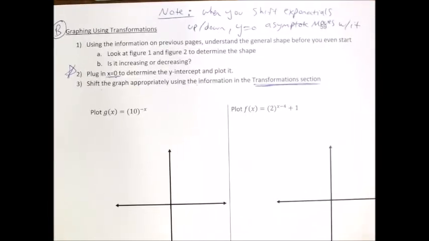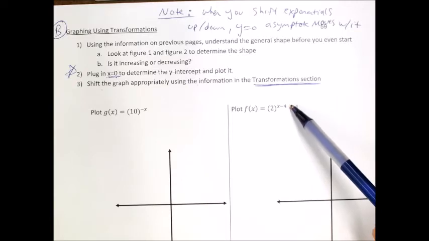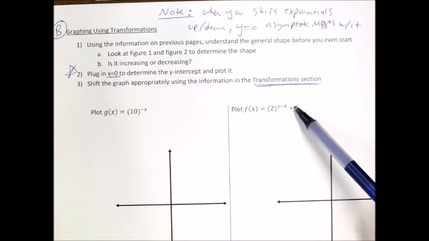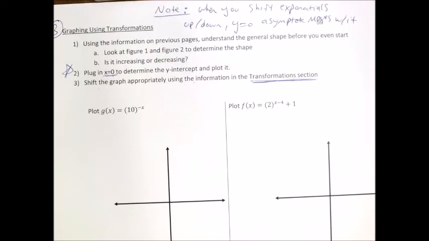Just looking ahead for a second, this second example here with the plus 1 is a vertical shift because we added 1 outside the function. We're going to end up moving the asymptote with this one. I think we probably have time to do 2 here, so that's good.